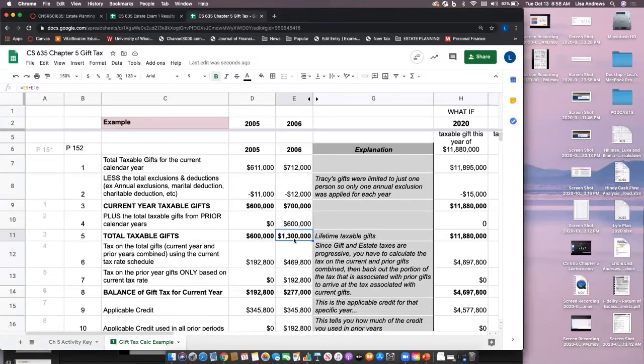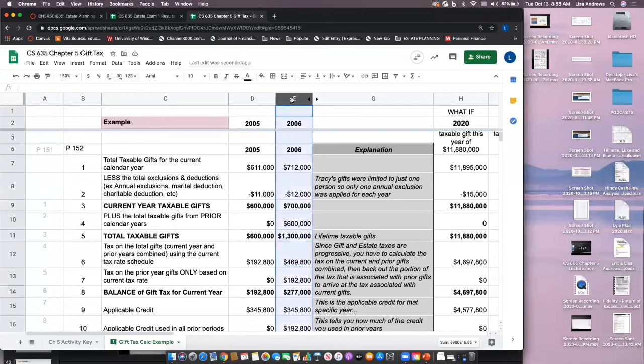And it's almost like whatever tax math applied in prior years, we only partially care about, because we're going to redo the tax math with that year's numbers. And so for his total taxable gifts, the tax that's owed using 2006 tax rates would be $469,800.